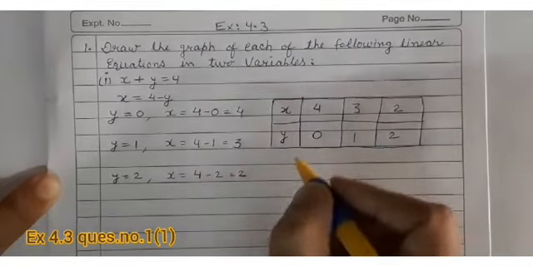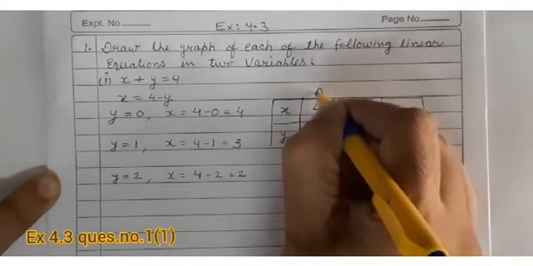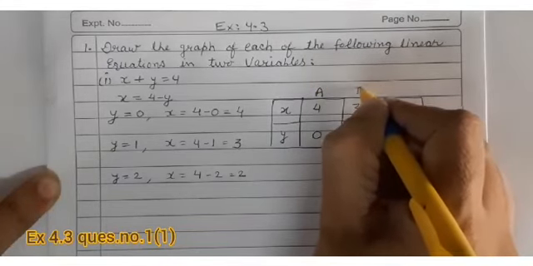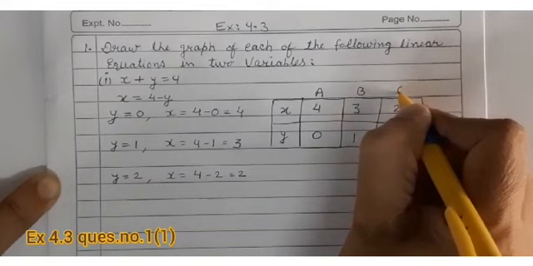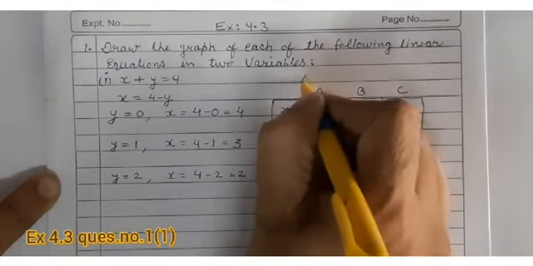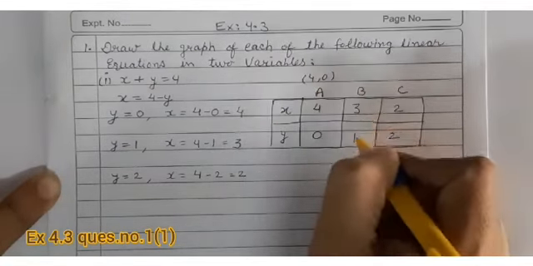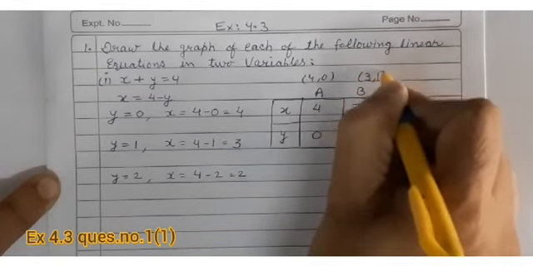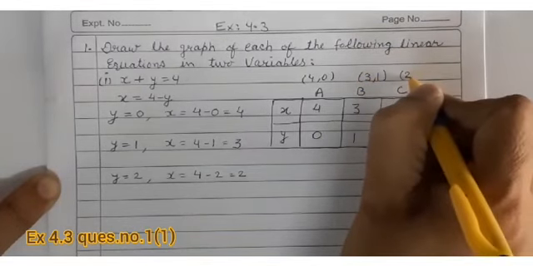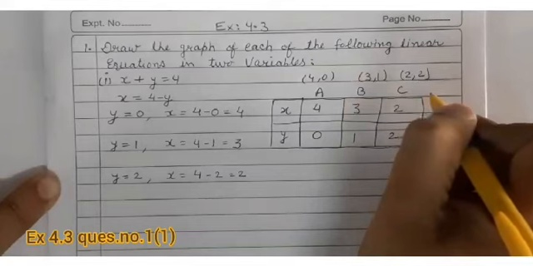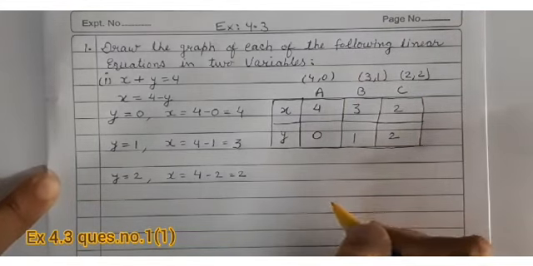Then I am marking coordinates. These are your coordinates: A 4 comma 0, B 3 comma 1 and C 2 comma 2. I am going to plot these three coordinates on graph paper.